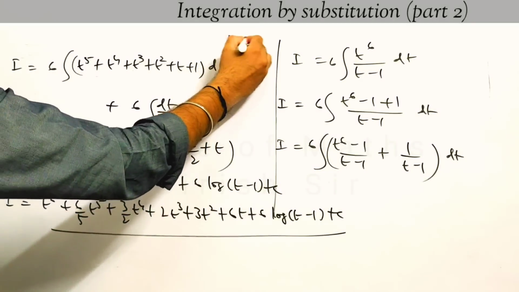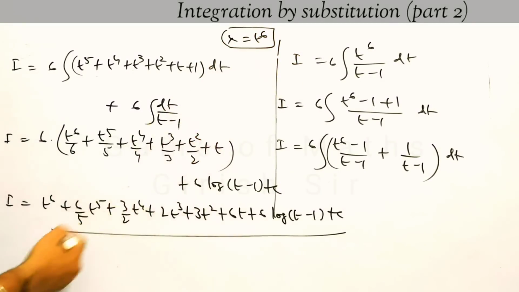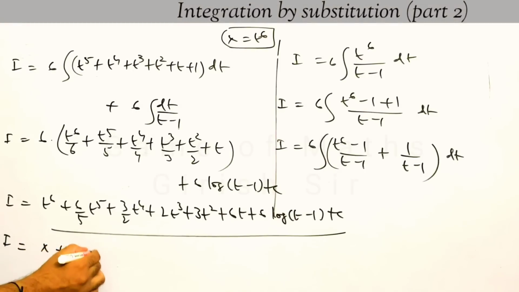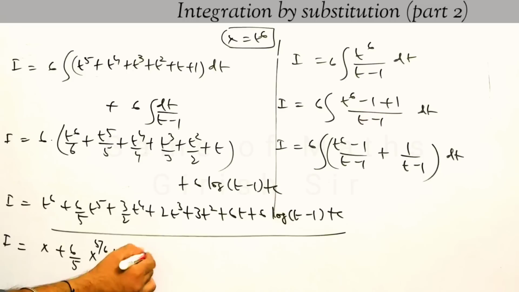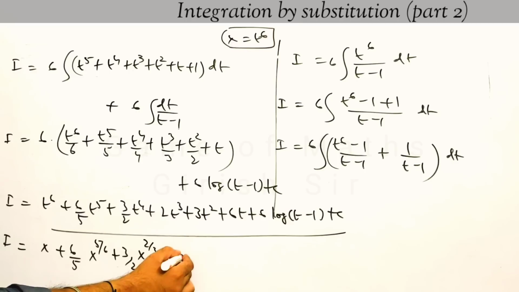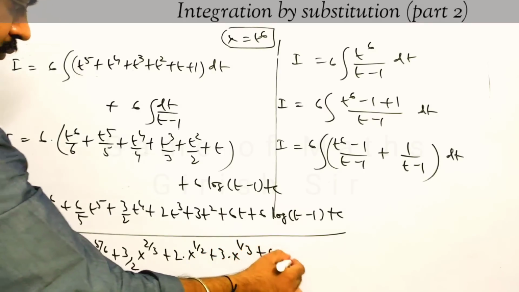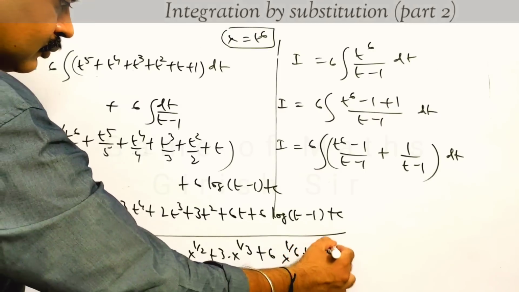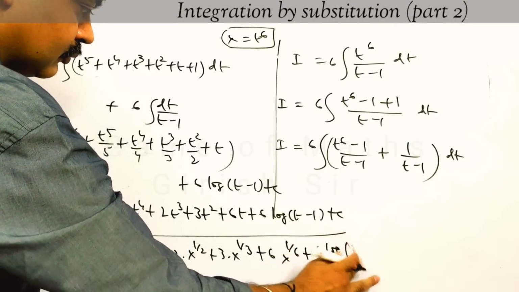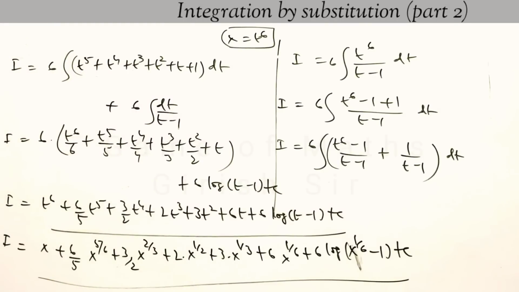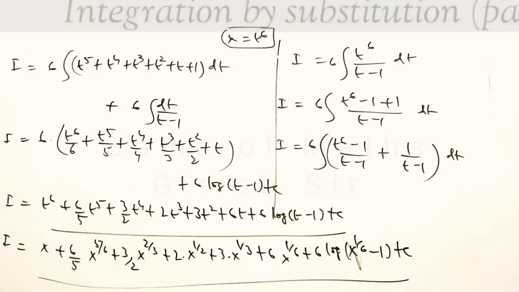Initially we assumed x is t to the power 6, so we'll make the substitution. This should be the final answer to the question.